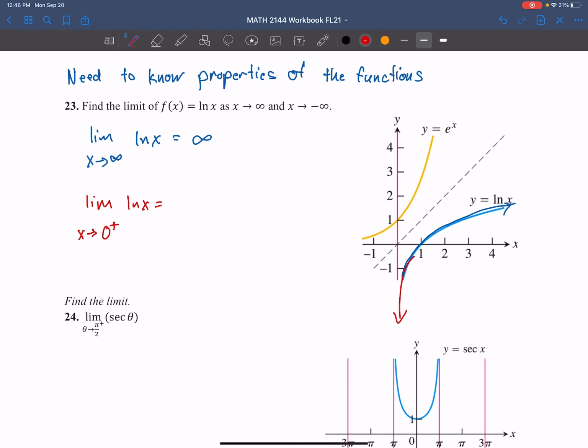It's not going to be 0, because if it's going down, it's going to be negative infinity. So some of this does just come down to there being no tricks apart from plugging in values or knowing what the graph of the function is. Most of our examples in this section have been polynomial or rational functions. So keep in mind that we do have some other functions in our library that we can work with.